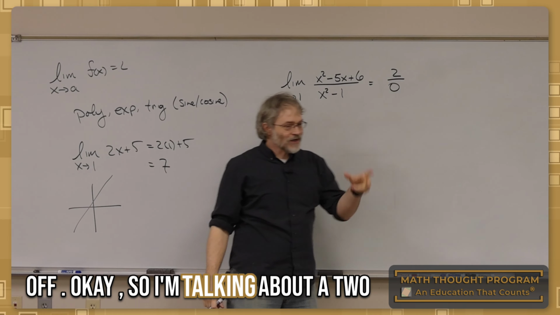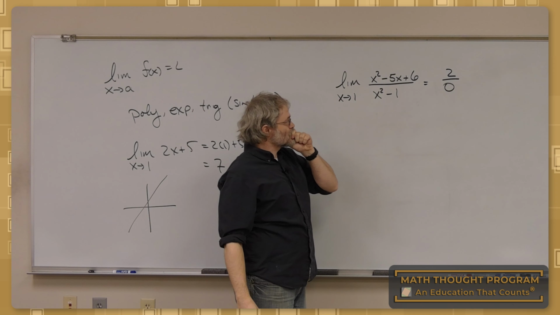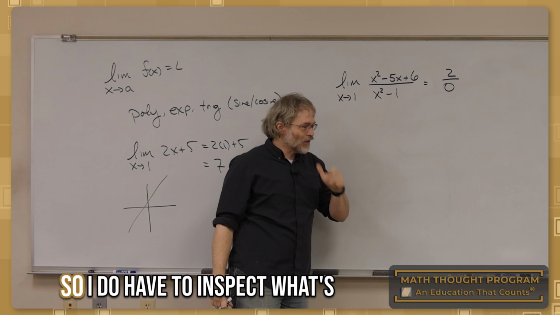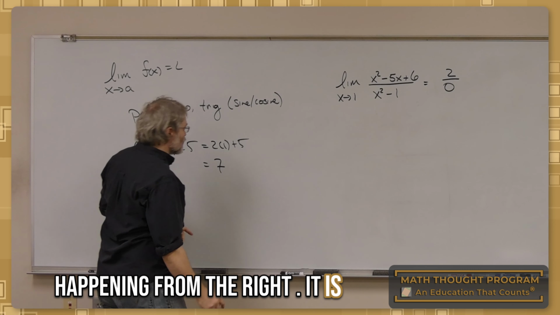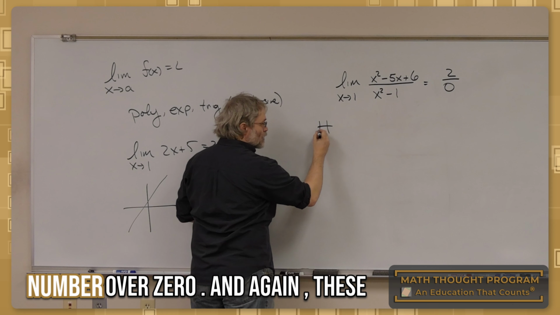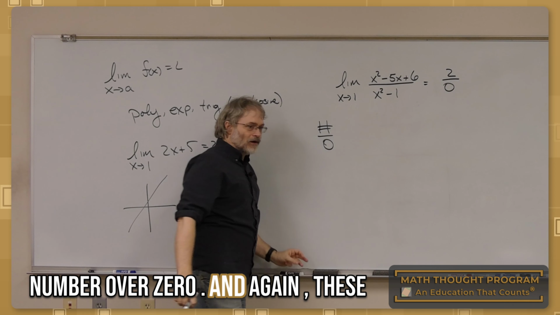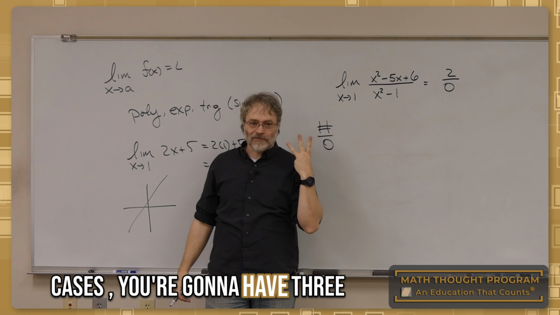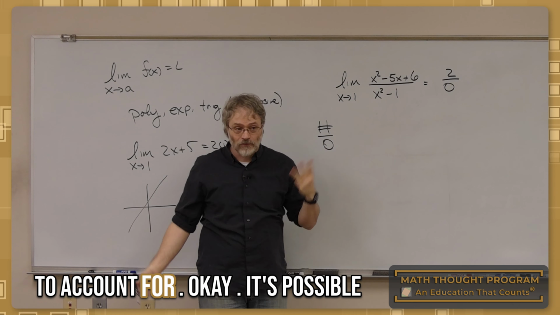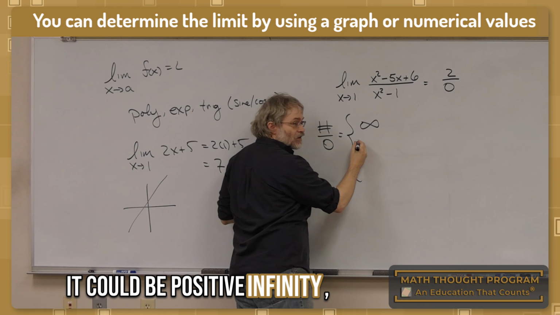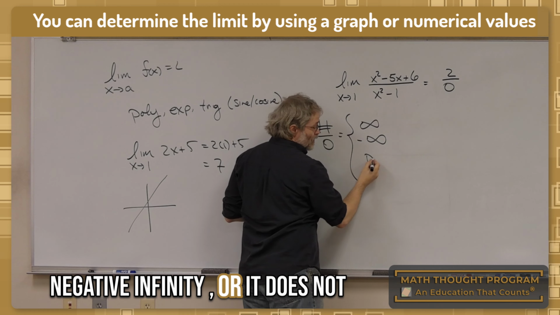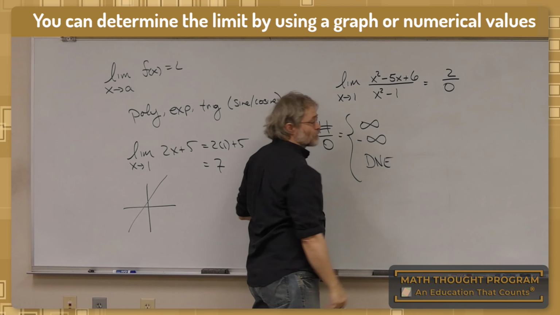I'm talking about a two-sided limit, so I have to inspect what's happening from the left and from the right. It is going to correspond to some kind of number over 0. In these cases, you have 3 different cases to account for: it could be positive infinity, negative infinity, or it does not exist.